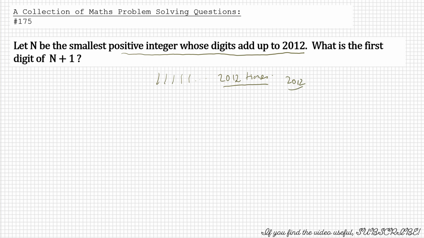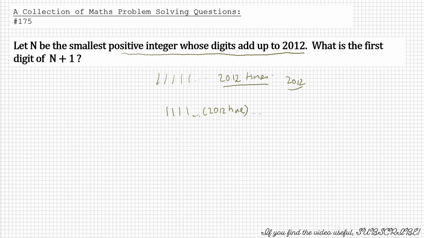However, 1111 written 2012 times would be a pretty big number, with 2012 digits. So they are looking for the smallest positive number.